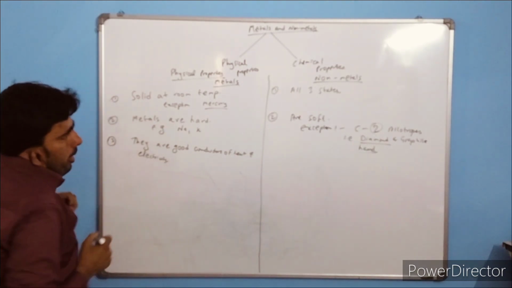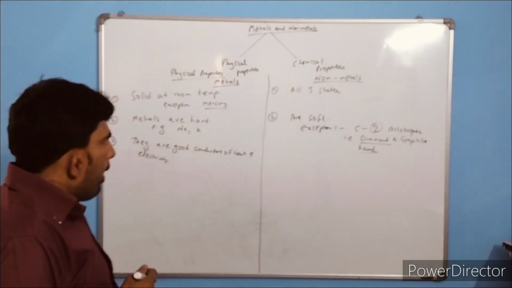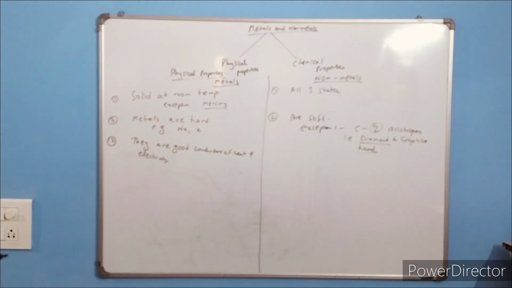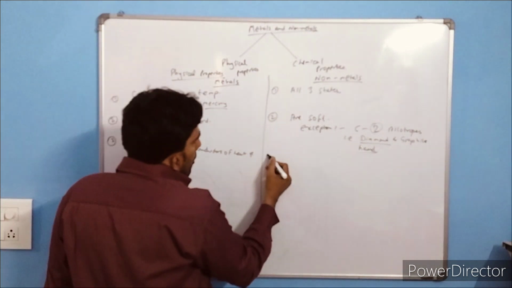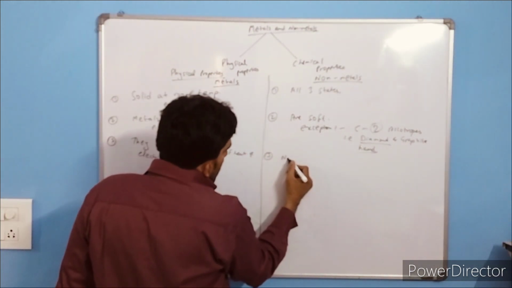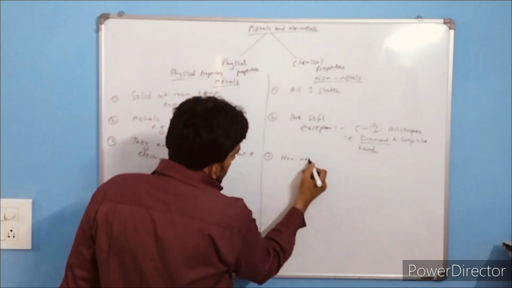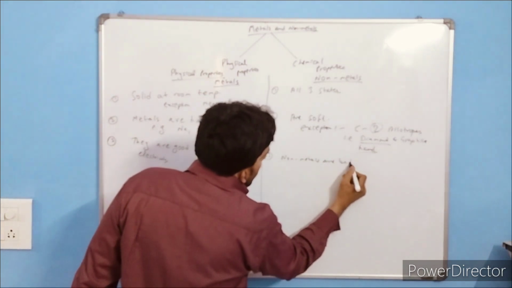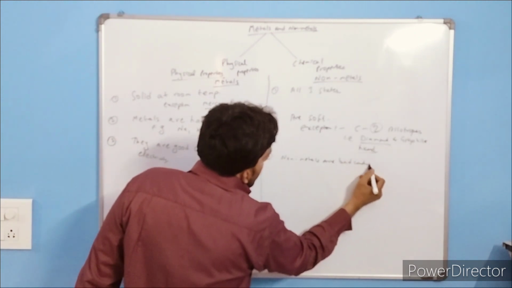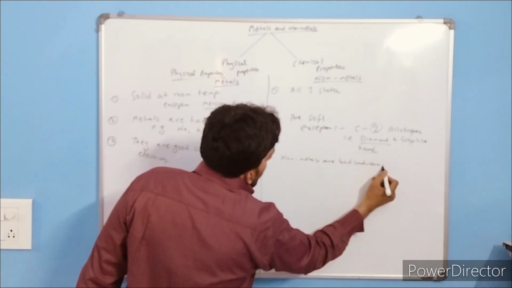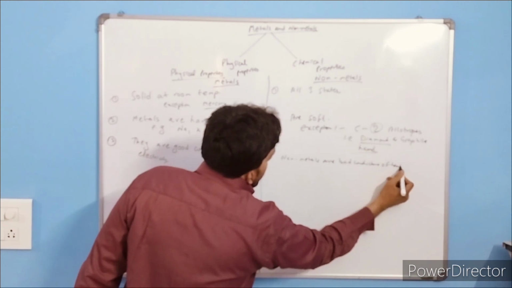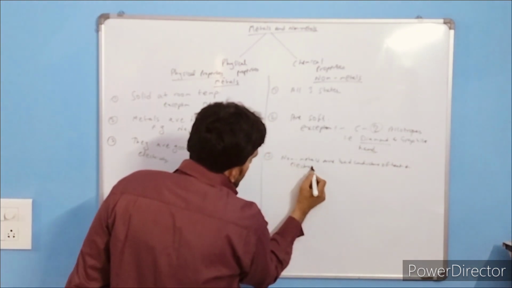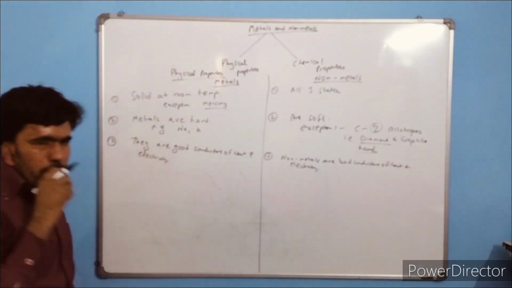For example, copper and silver are good conductors of heat and electricity. Whereas non-metals are bad conductors of heat and electricity.